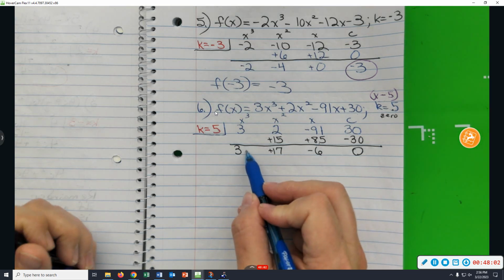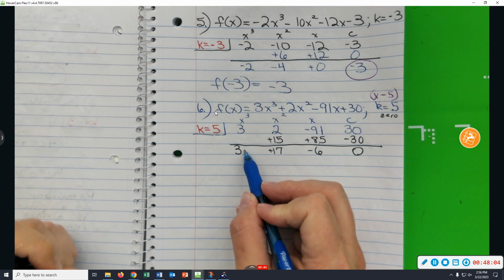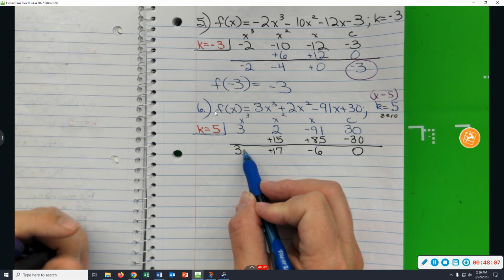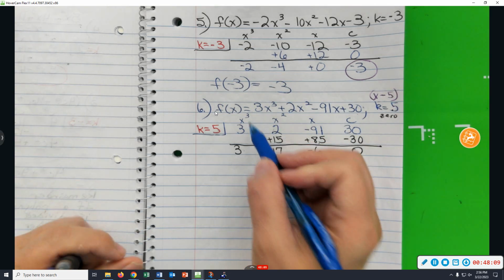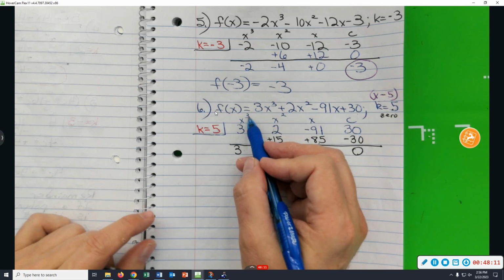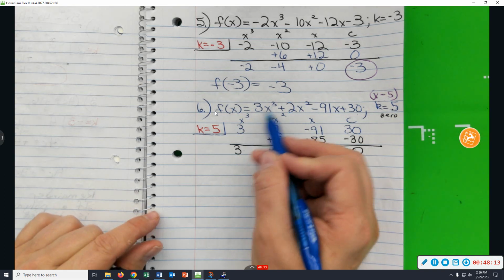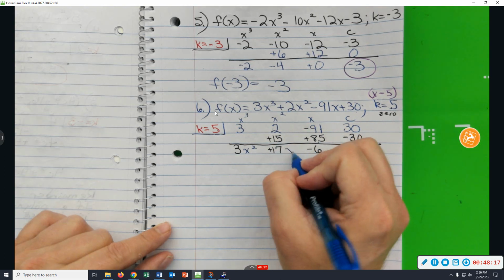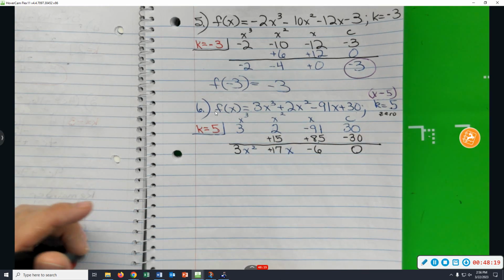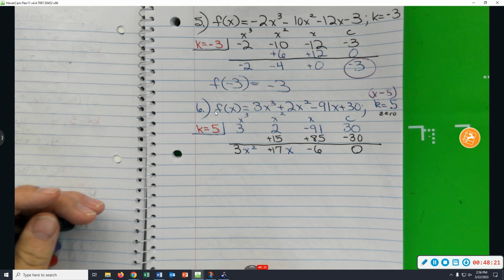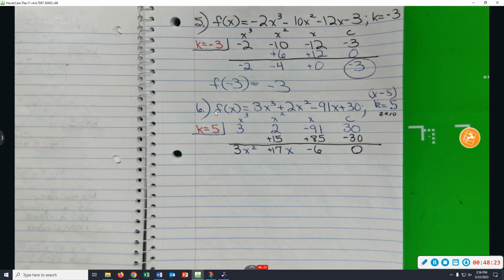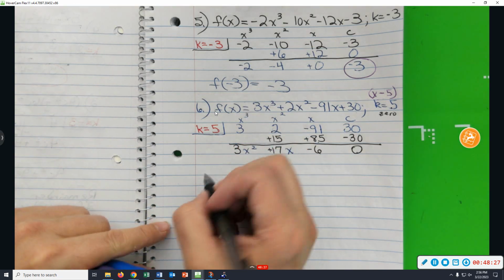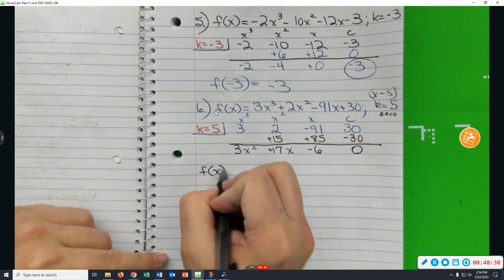What variable part am I going to have here beside 3? X squared. Okay, remember the quotient has a power 1 less than the original leading power. So x cubed, the quotient starts with an x squared, an x, and a constant. You were right. I just say it. Well, so at this point, our function f of x, we've already got it factored.